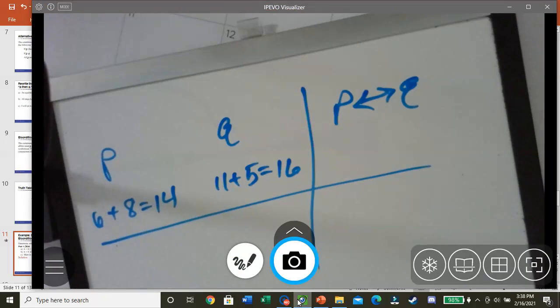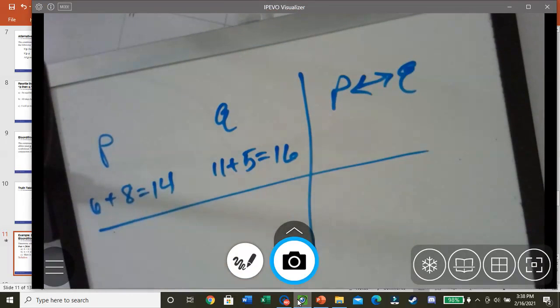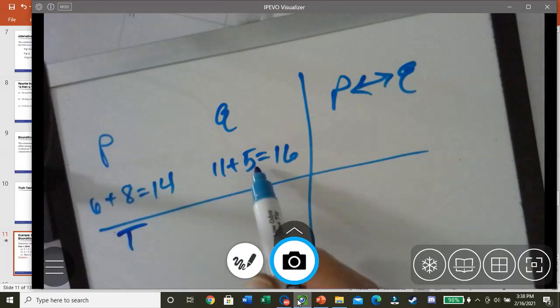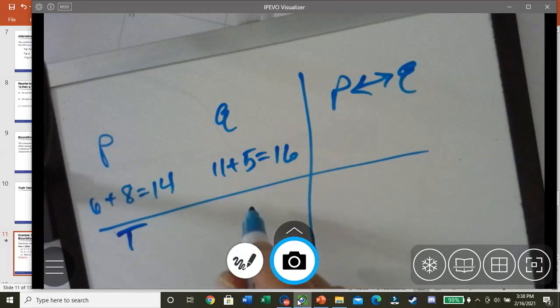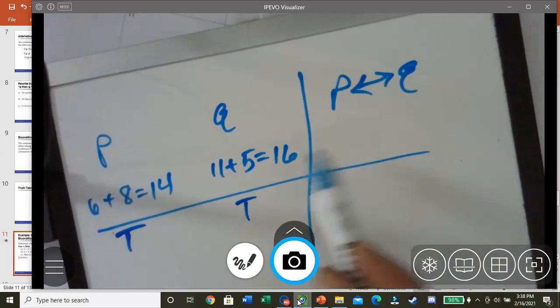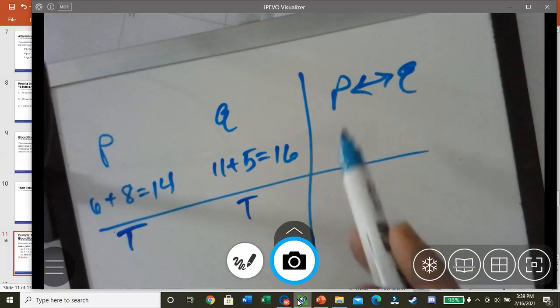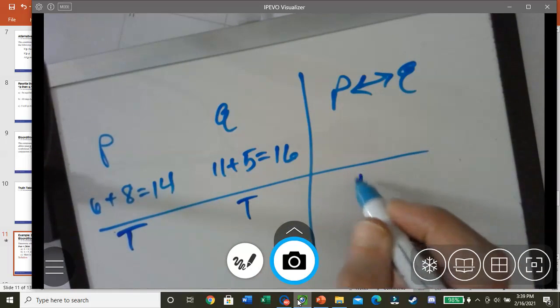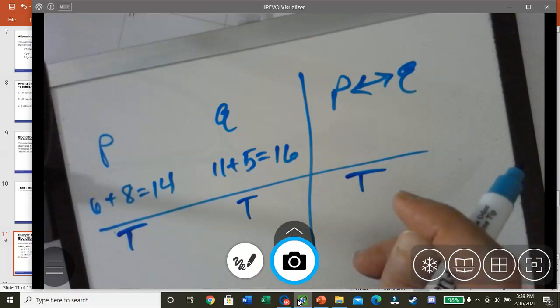P, we said 6 plus 8 is 14. That is true. 11 plus 5 equals 16. That's a true statement. So we're saying here, if true, then true, that's going to be true, right?